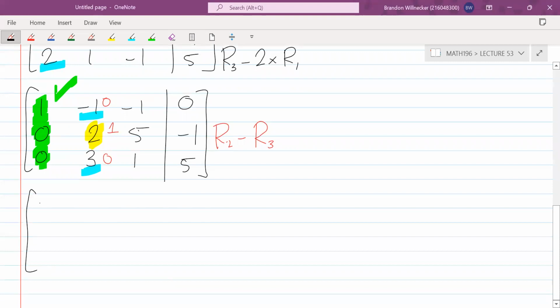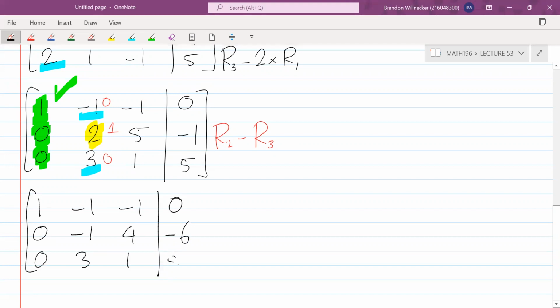Okay, so the first row stays the same. We get 1, -1, -1, 0. Row 2 minus row 3, we're going to get 0, -1, 4, and -6. And then the third row stays the same. We get 0, 3, 1, and 5. Okay, so why did I do that? Well, if I take row 2 minus row 3, then that gives me a -1 here.